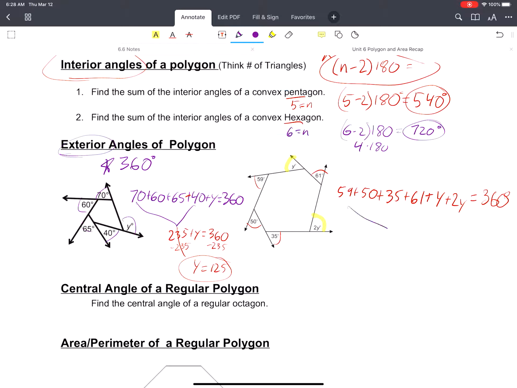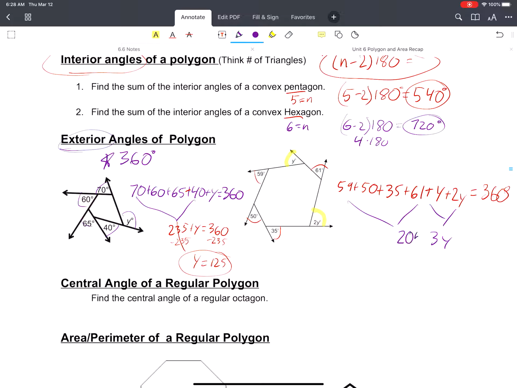If we combine our like terms, we have 3y. When we combine all of our degrees, we get 205 degrees. And we're going to get our y's by themselves. When we subtract 360 minus 205, we get 155. Divide both sides by 3. y equals 51.6.